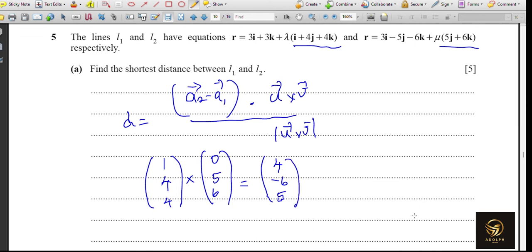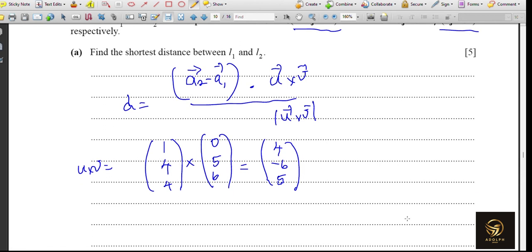So this is u cross v, and I can find the modulus of u cross v. It is the square root of 4 squared, which is 16, and negative 6 squared is 36, and 5 squared is 25. If I add and simplify them, I'm getting the answer root of 77.